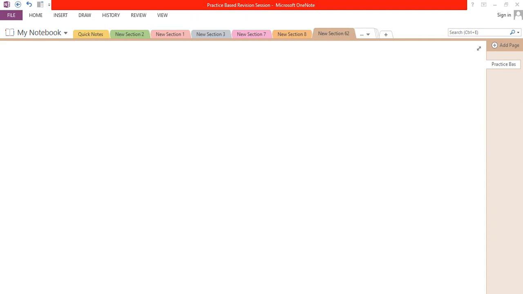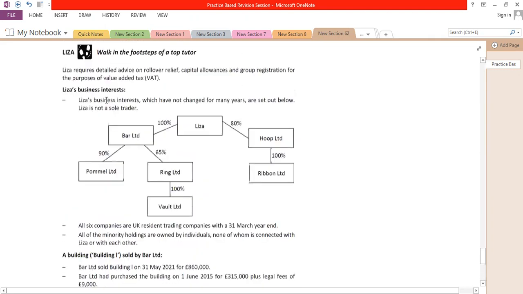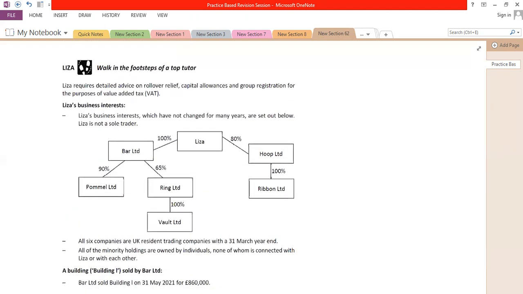Now let's have some discussion on the 75% gain group along with some chargeable gain stuff, some rollover relief. It's also part of the group structure. So the next targeted question is based on group stuff with respect to chargeable gain, reliefs, rollover relief, capital allowances.